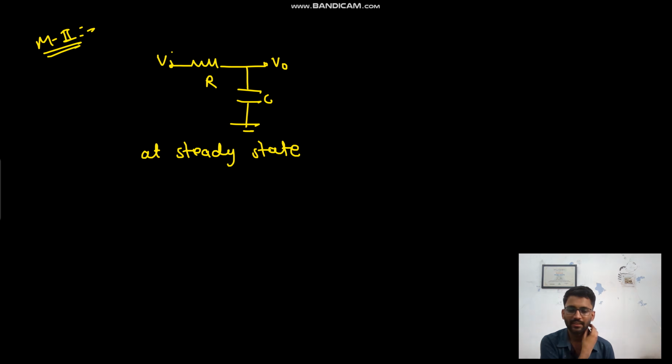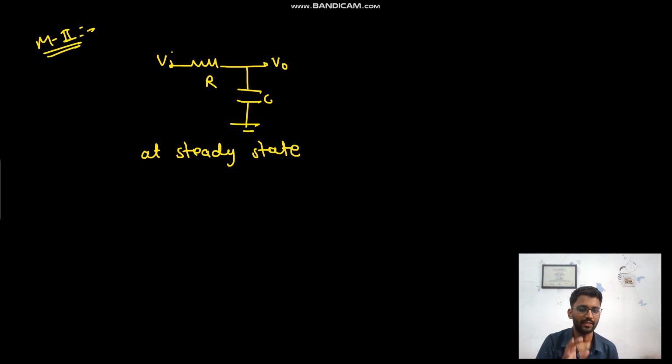Okay, so let's see the method 2. So in method 2, R, C, and this is V naught, and here we have V in. So what do you say? At steady state, there should be no charging and discharging in capacitor, right?